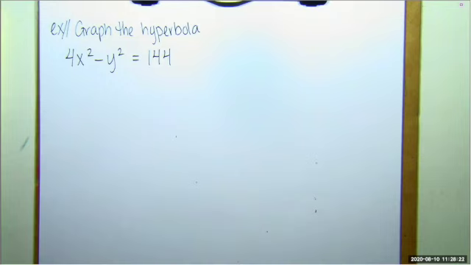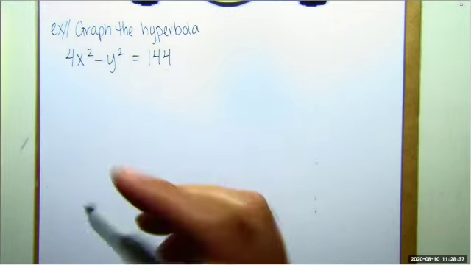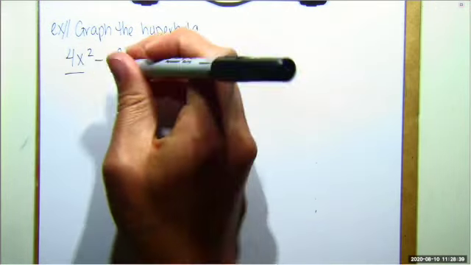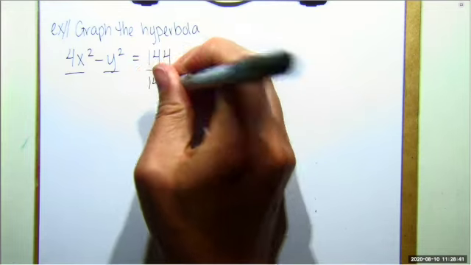Okay, so the first thing we want to do is get this into standard form. We saw that all those equations had a 1 on the right side. I'm doing these examples on purpose so you can think about what your first step should be. We need to get a 1 over here, so our first step is to divide all of our terms by 144.